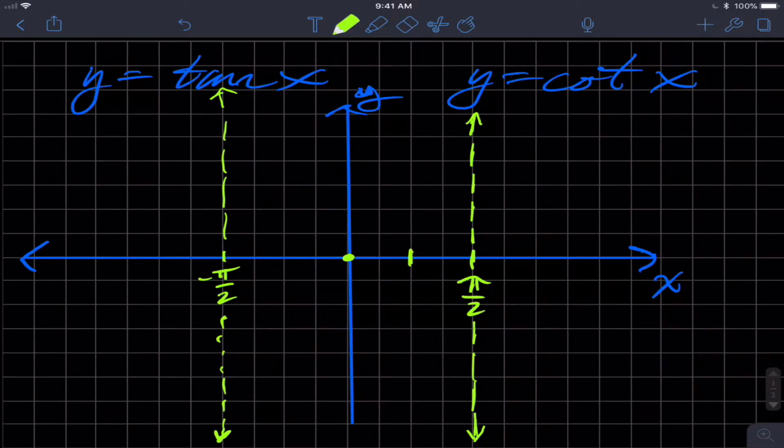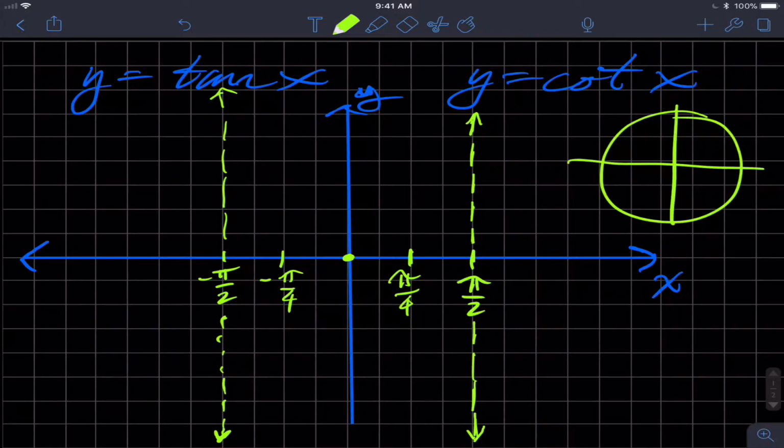So here we go at pi over 4 and negative pi over 4. If we look at the tangent function there on the unit circle, those are 45-degree angles, right? Pi over 4. And so we're talking about (radical 2 over 2, radical 2 over 2). And then negative pi over 4 is this guy, and that's going to be (radical 2 over 2, negative radical 2 over 2).